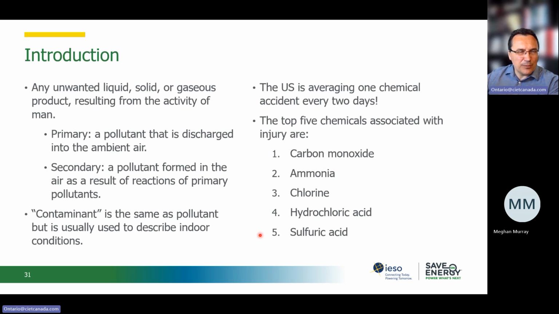So what we basically want is to have in place systems that can address how any type of liquid, solid, or gas product can impact our buildings. These would be results of activity in our facilities.